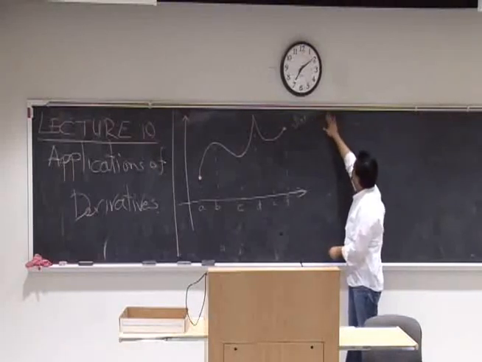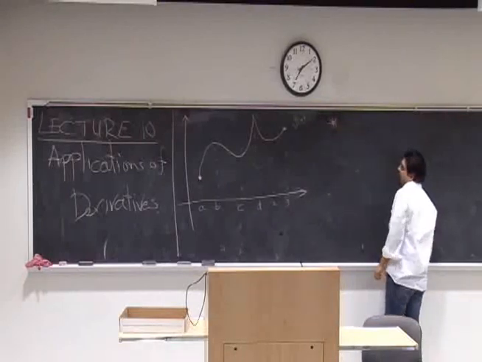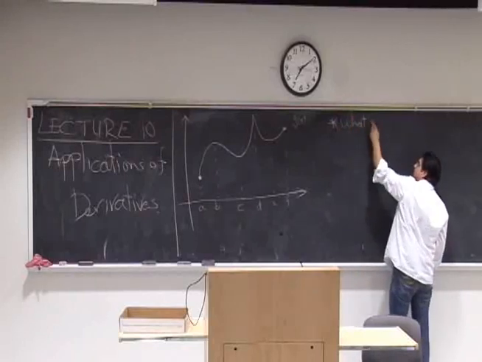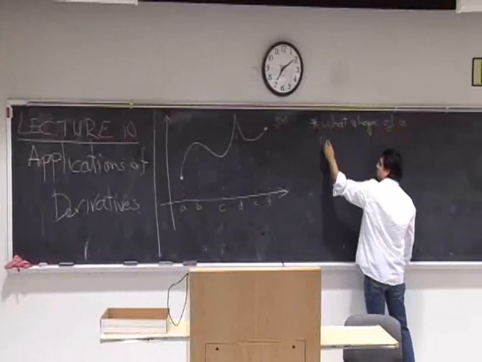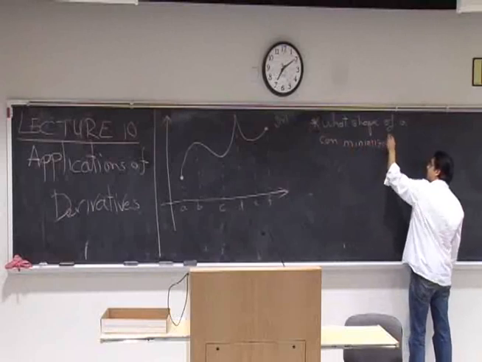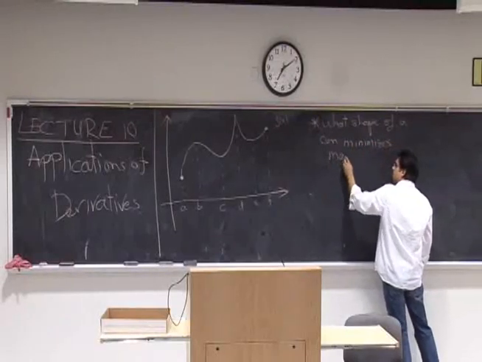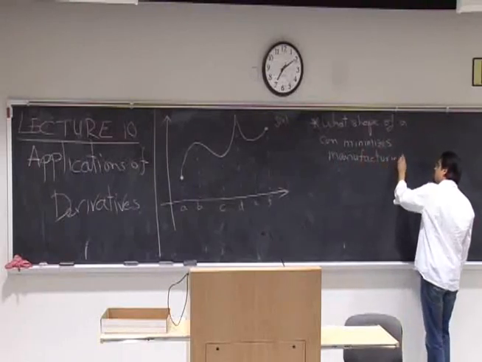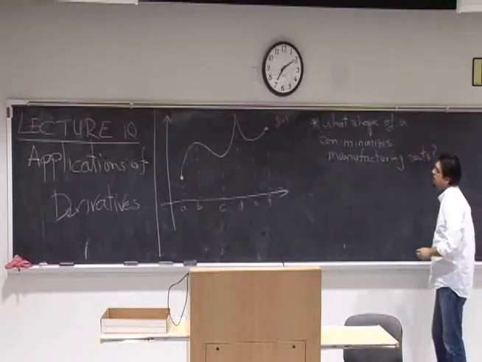So, ultimately, these are the kinds of questions we'd like to answer. What shape of a can minimizes manufacturing costs? Okay.